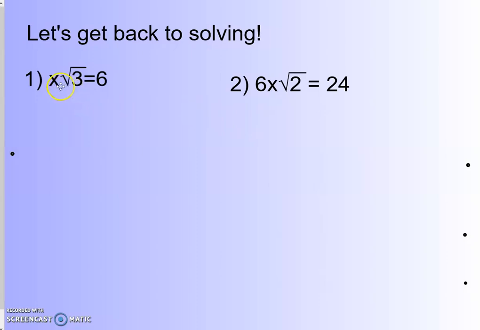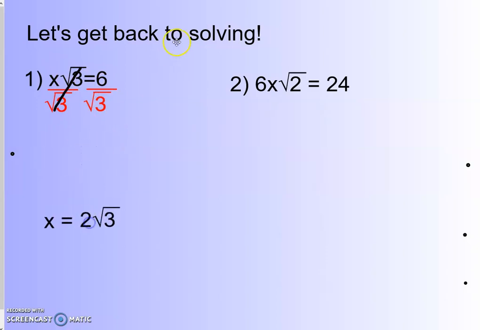So here on this problem, problem number 1, we're just trying to get the x by itself. So I'm going to divide both sides by radical 3. And those go away. And you're left with x equals 6 over radical 3. And when you play around with it, you ought to be able to come up with this.